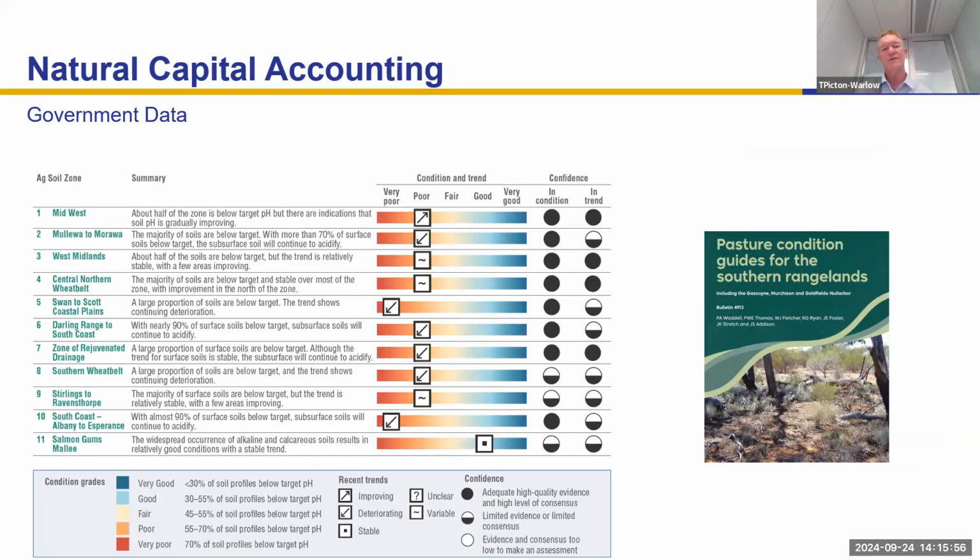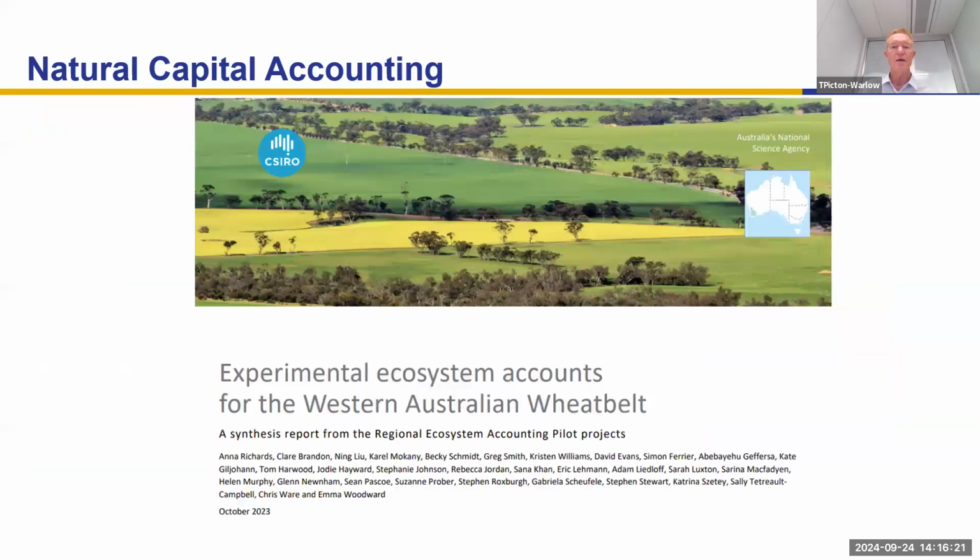So government data in this instance is very important, and I've taken some examples here from DPIRD in Western Australia, which has provided some excellent resources over the years as far as government reporting on data in the regions across Western Australia. In this case, we can see soils data, which is absolutely fundamental for natural capital, as well as obviously primary production.